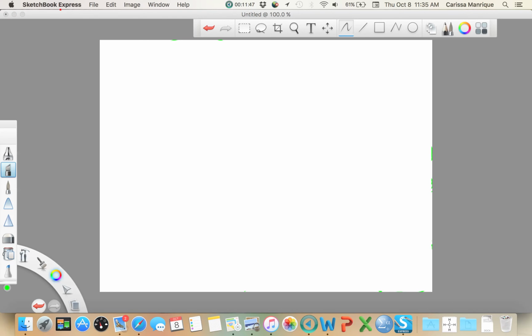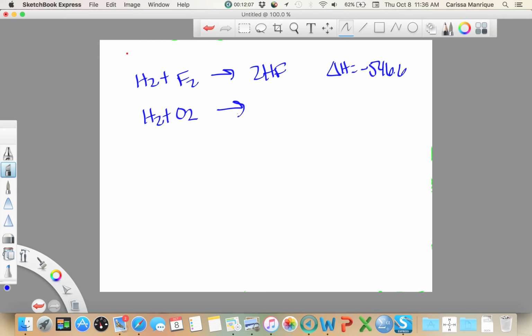Let's use blue now. Okay, H2 plus F2 yields 2HF, and the delta H for this was negative 546.6. And then we have H2 plus O2 to 2H2O.